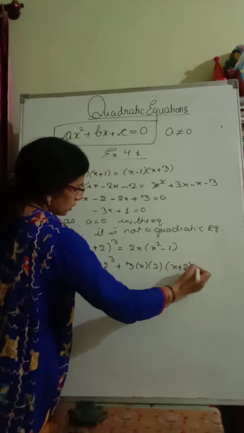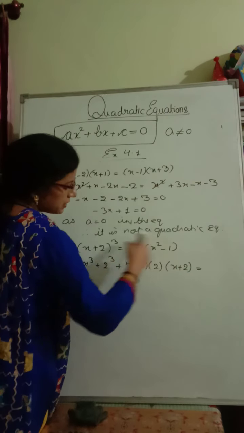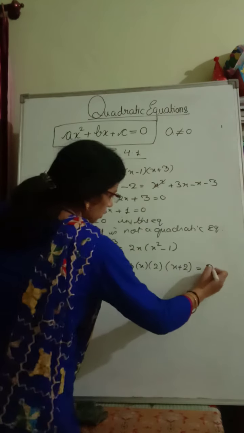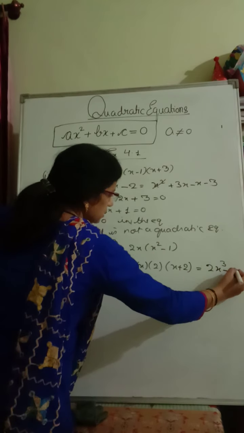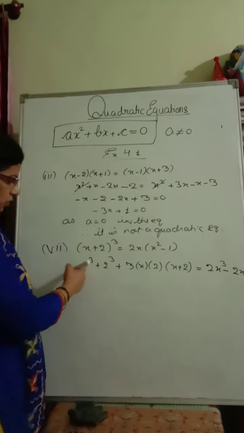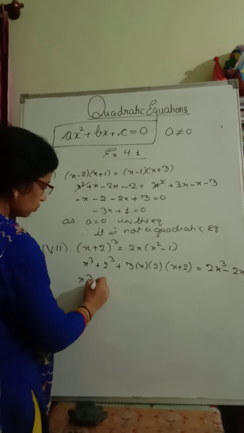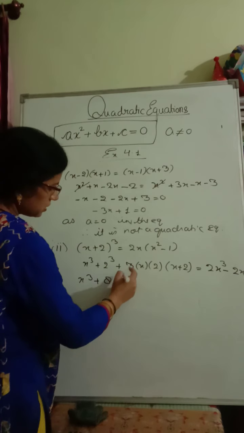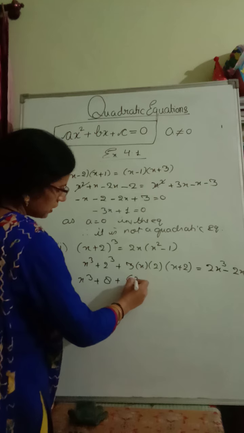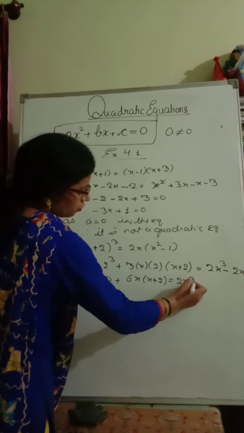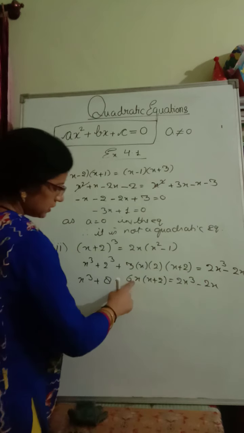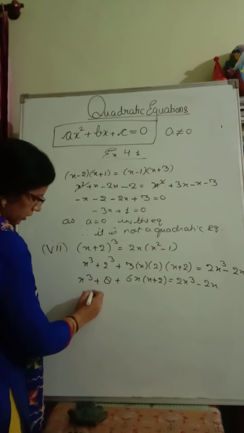So x plus 2 equals to, multiply inside, 2x cube minus 2x. Now we can solve this. x cube plus 8 plus 3 into x into x plus 2 equals 2x cube minus 2x.